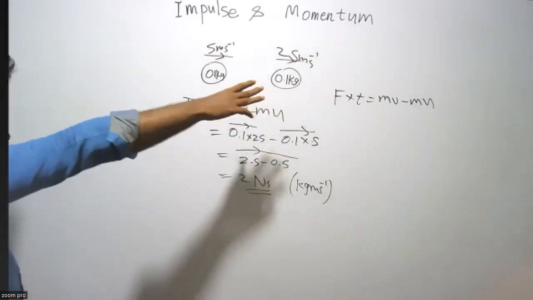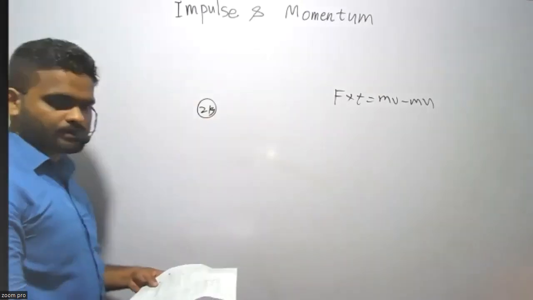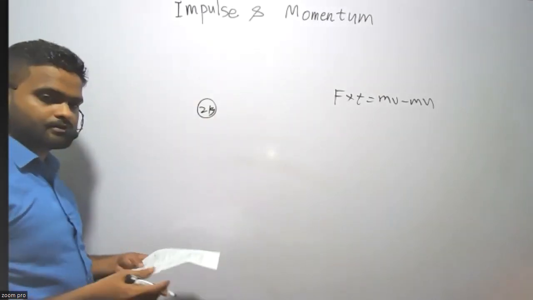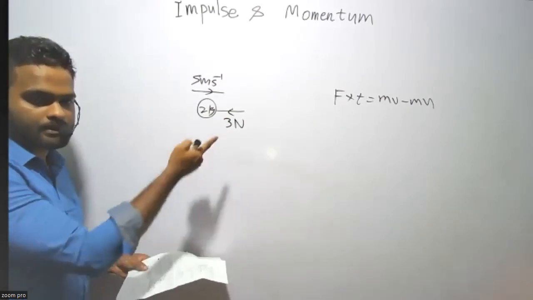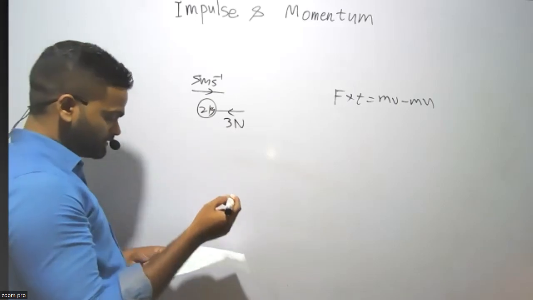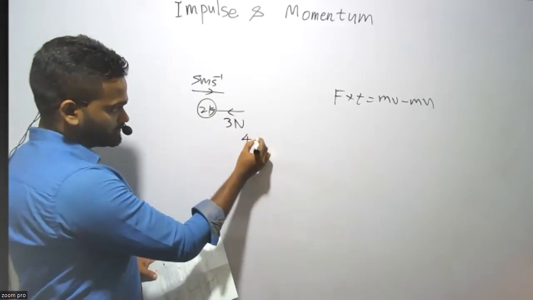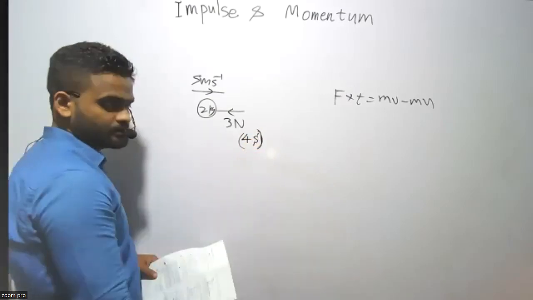But use that one. Draw a sketch. These are simple questions, but drawing this sketch makes it easy, right? 3 Newton is applied in the opposite direction. And this lasts for 4 seconds.